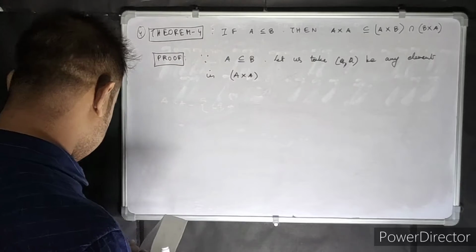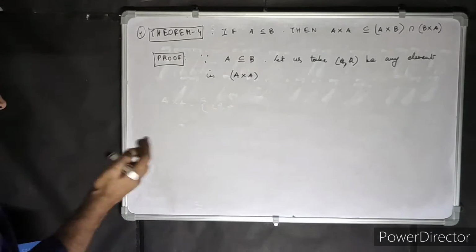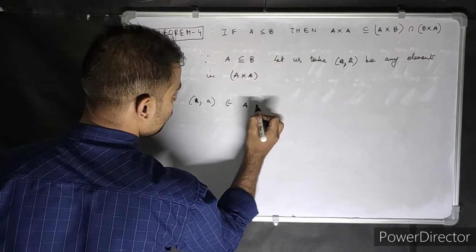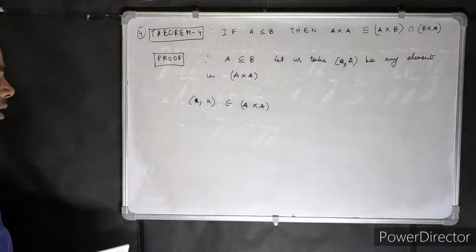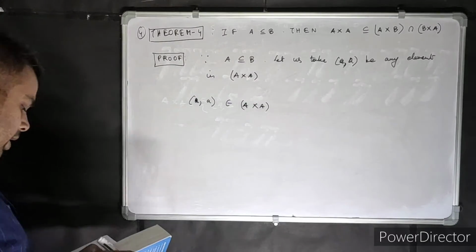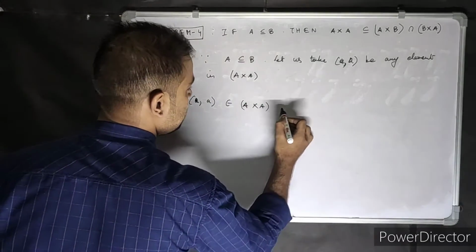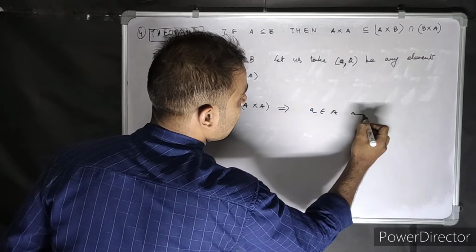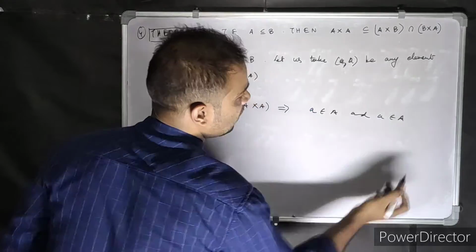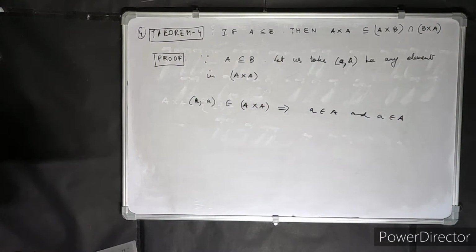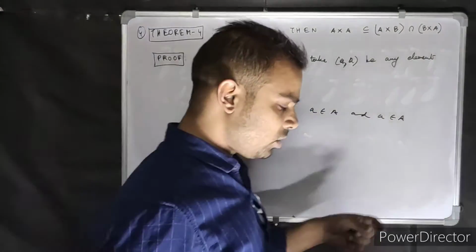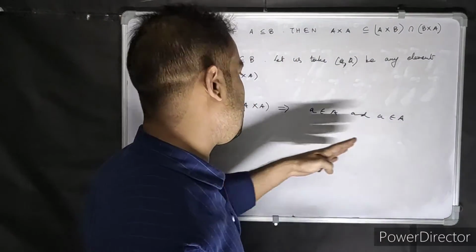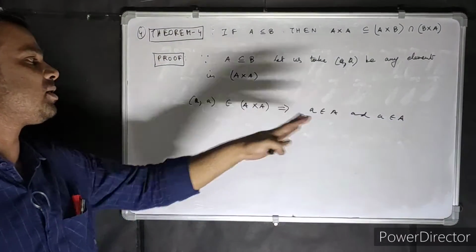So let us start by saying that (a, a) belongs to A cross A, which implies a belongs to A, and a belongs to A. Now look, this first element a belongs to the set A, and the second element a also belongs to the set A. Basically both the sets are same.